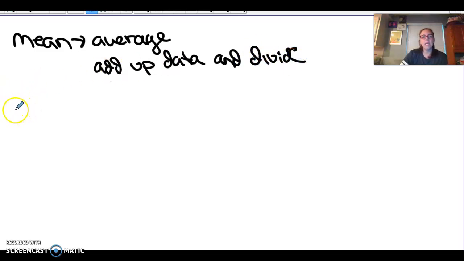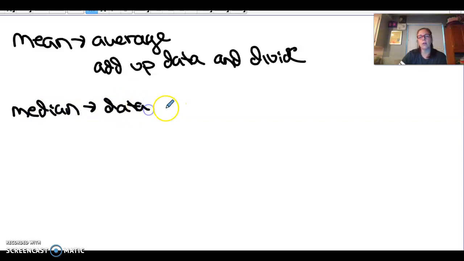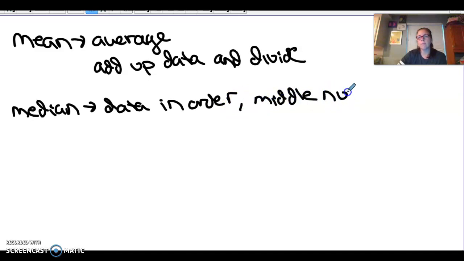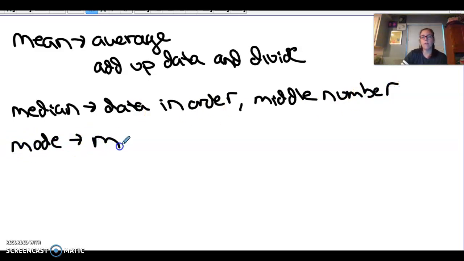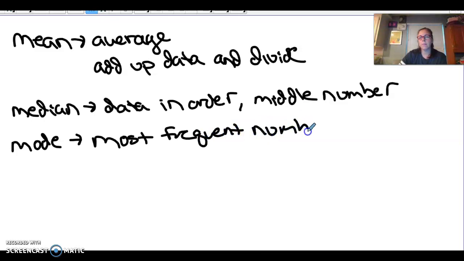The median is when you put the data in order, and then it's the middle number. If you do not remember these, you need to write these down. The mode is the most frequent number, or the one that shows up the most.